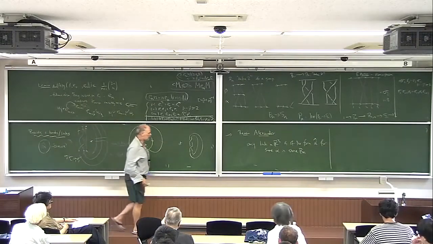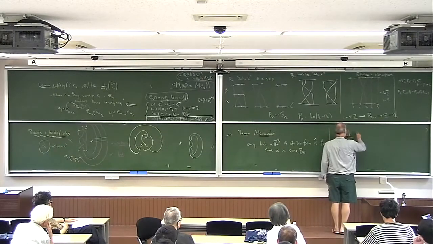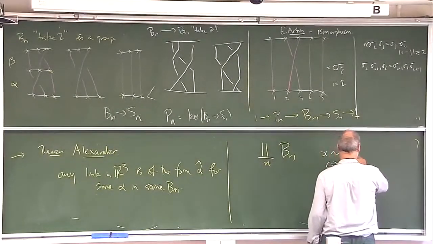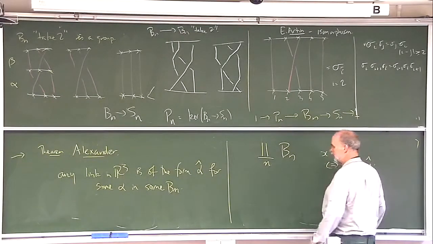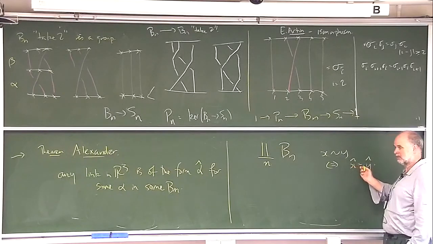So we have an equivalence relation, therefore, on the disjoint union. We take the disjoint union over n of all of the braid groups. We can say x is equivalent to y, but only if x hat equals y hat, as knots, as links.